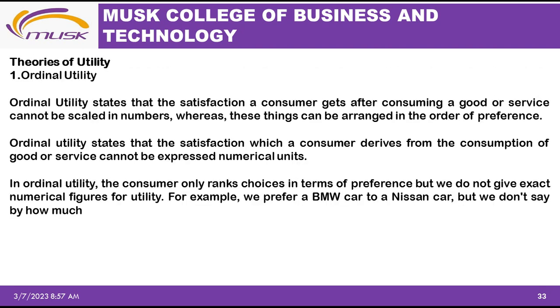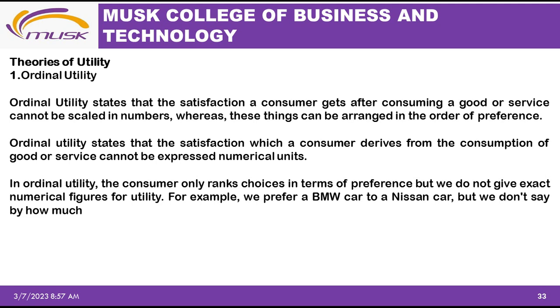We have what we call theories of utility. We have ordinal utility and we have cardinal utility. Ordinal utility is very simple: the satisfaction cannot be measured in numbers, but can be arranged in order of preference.